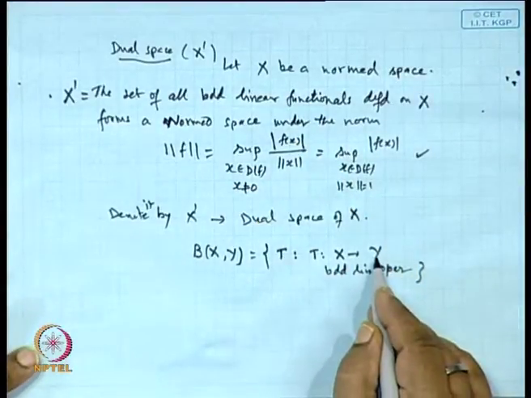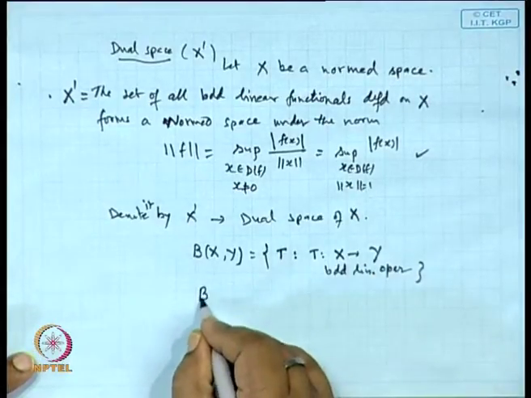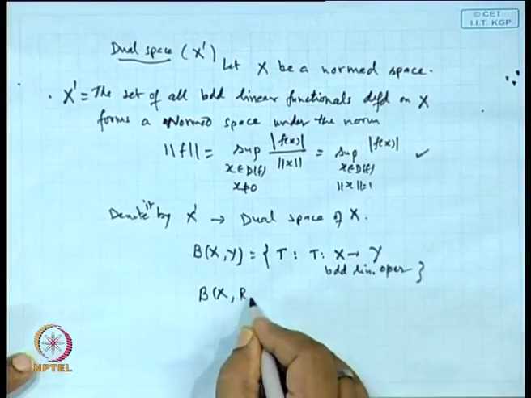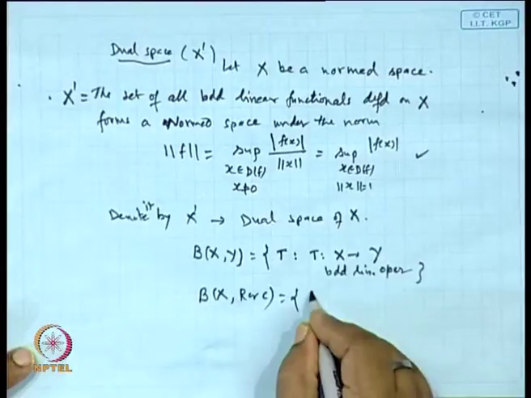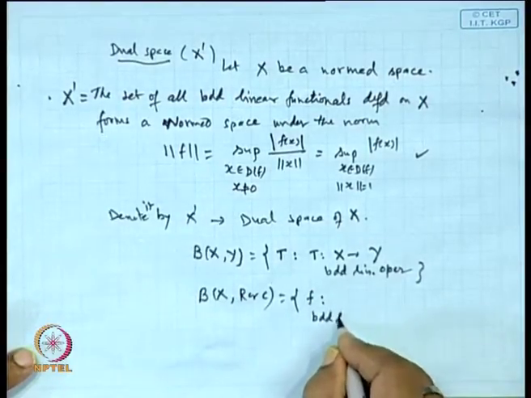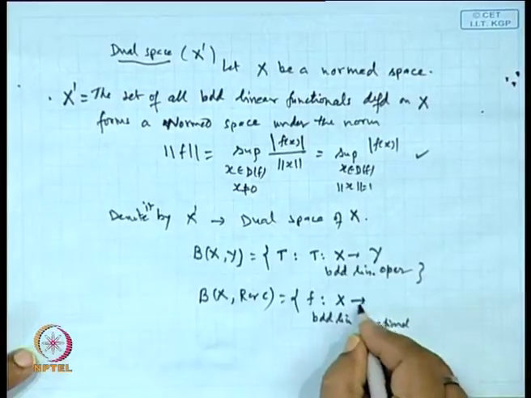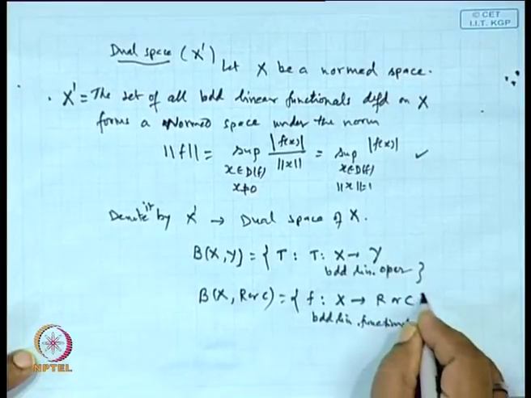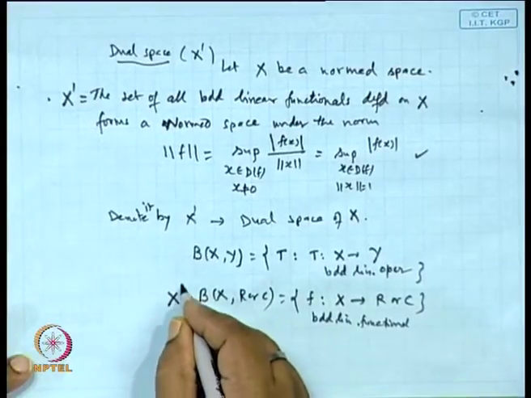Now Y is a norm space. In place of this Y, if I write either R or C, then this is the bounded linear functional defined from X to R or C.